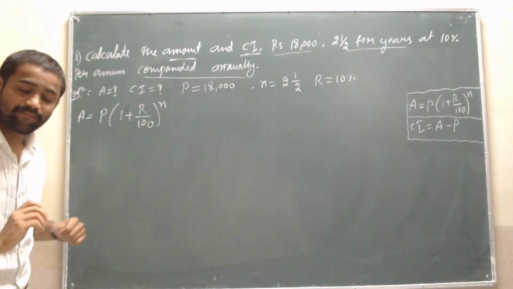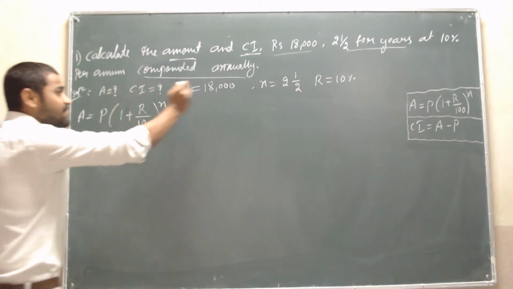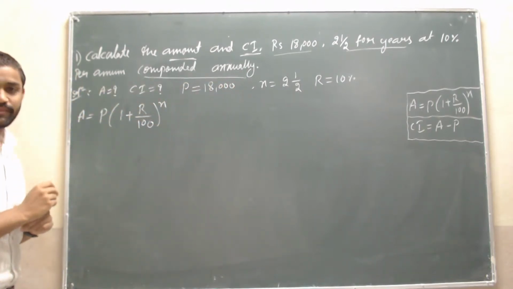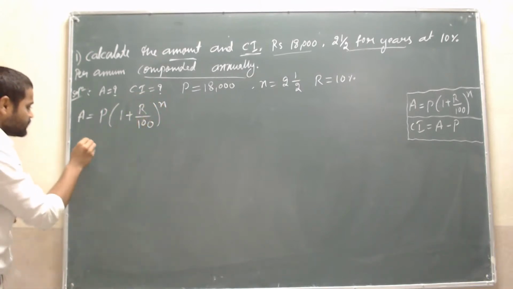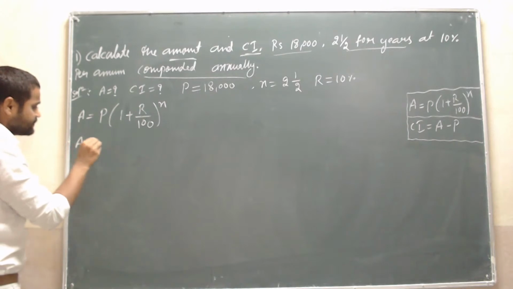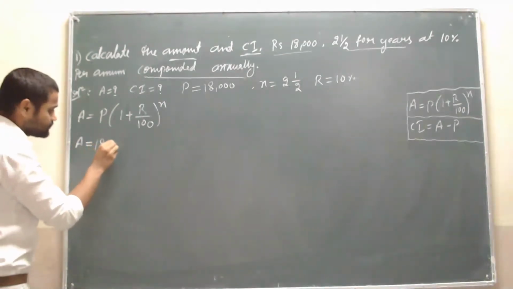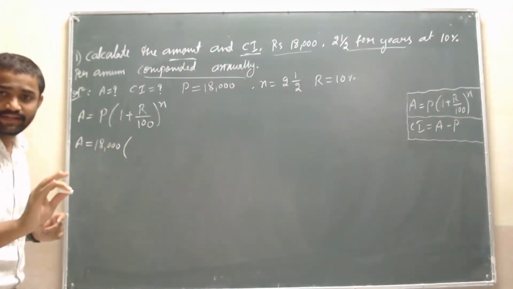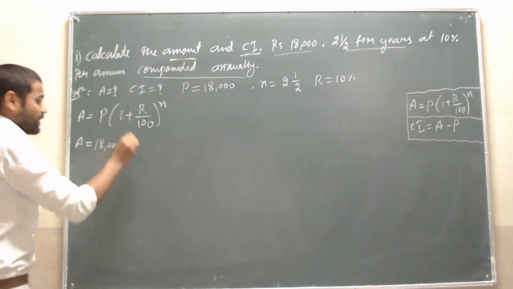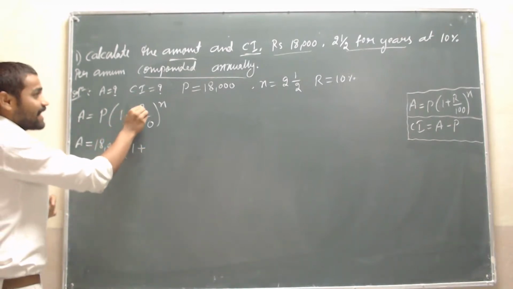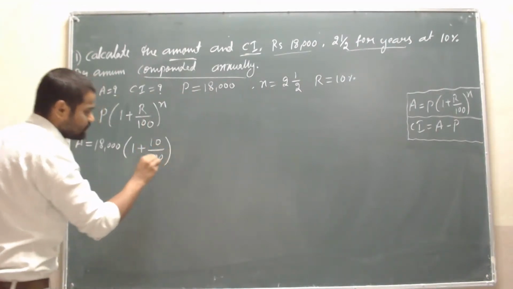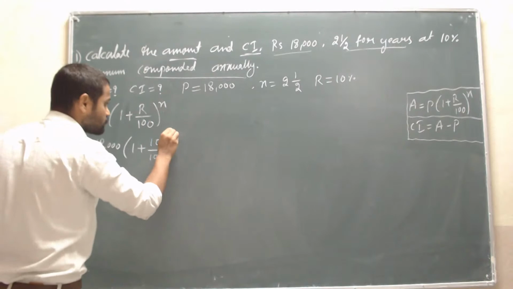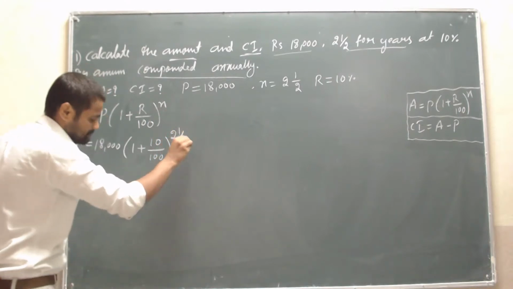The amount formula is P into (1 plus R by 100) whole to the power of n. Here we have to substitute all the values of P, R and N. P is 18,000, students. Then 1 plus R, which is 10 divided by 100, to the power of N, which is 2 to the power of 1 by 2.